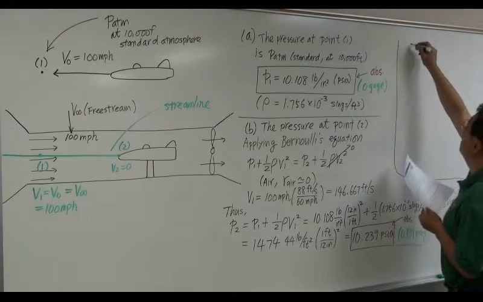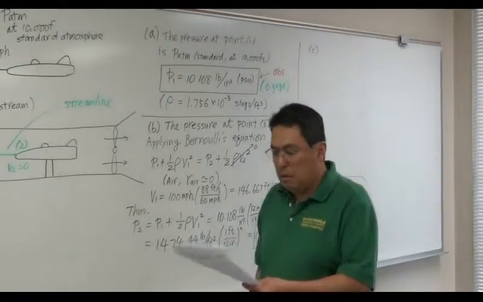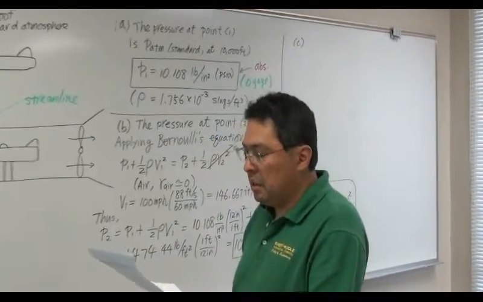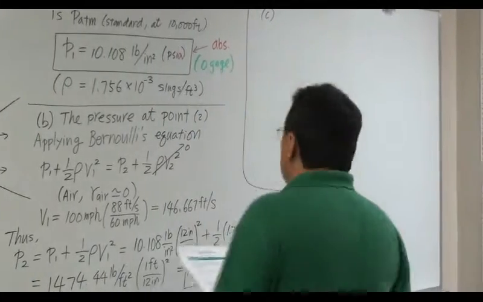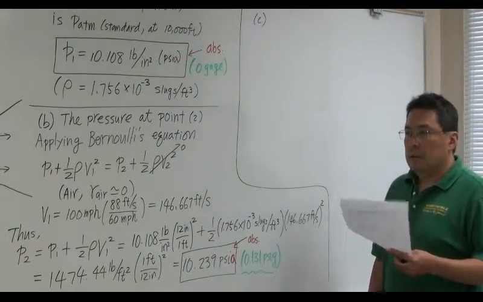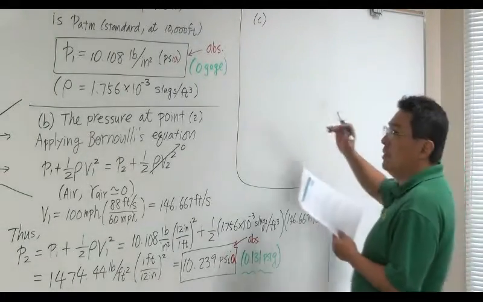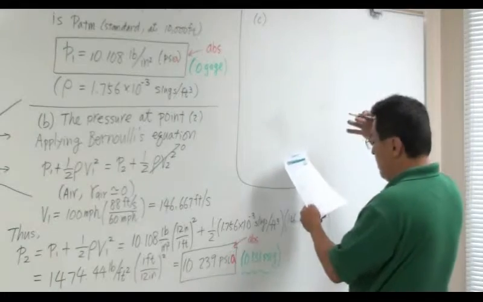So let's take a look at part C. Part C, the question is, what is the pressure difference indicated by the pitot-static probe? As you should know, the pitot-static probe senses only one thing. That is the pressure difference between total pressure and static pressure.